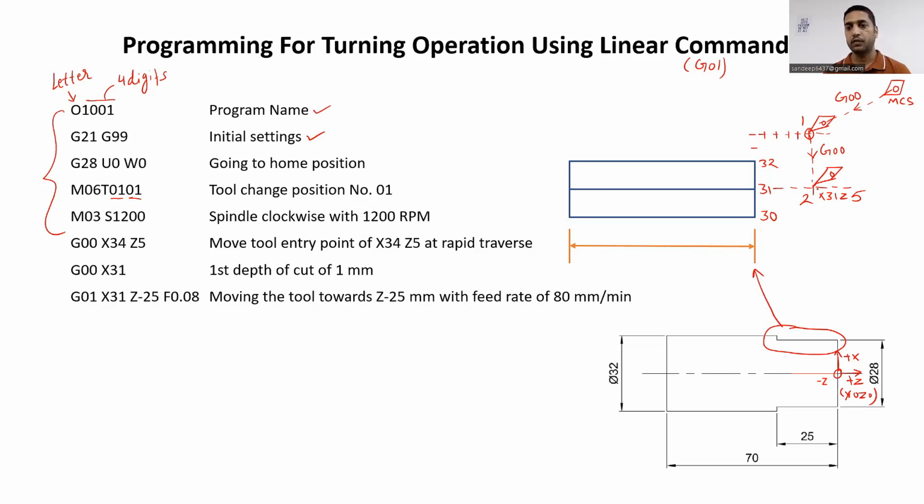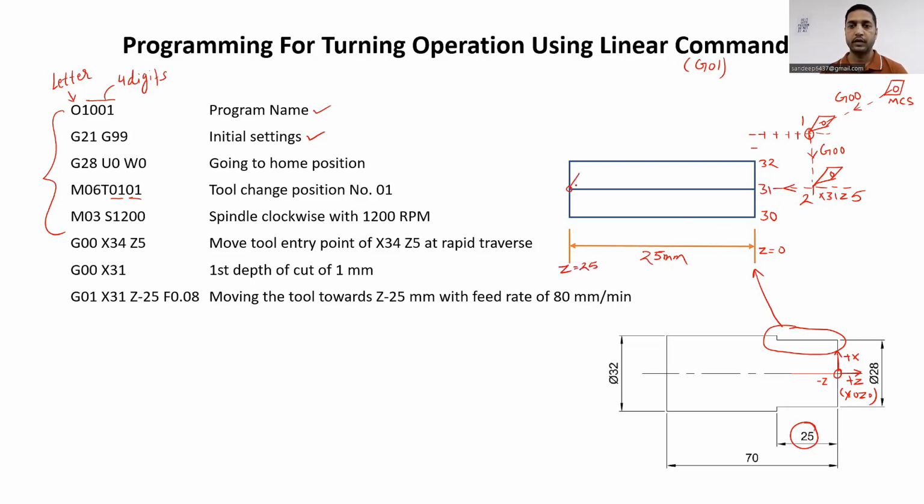So now from this location, we know the length of this portion is 25, because from here to here it will be our 25 mm. So the tool now is moving from this point to this point, because this is our Z0 here at this particular place, and here our Z will be 25 mm.